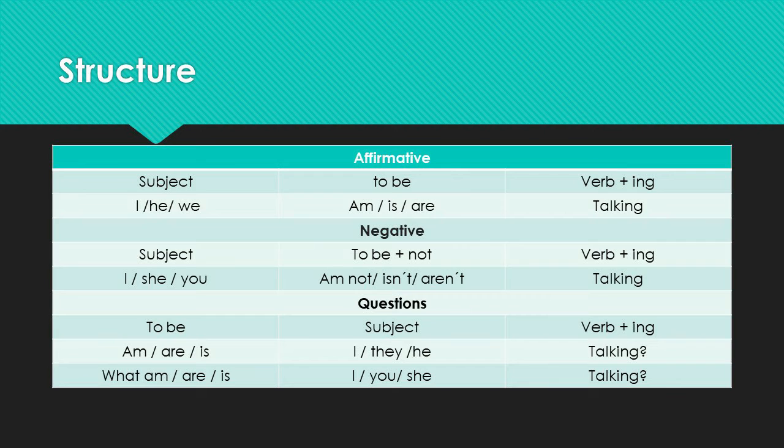Now, if we want to do an information question, for example, using what, where, when, or something like that, we use the question word. In this case, it could be what plus the verb to be plus the subject plus the verb with ing.